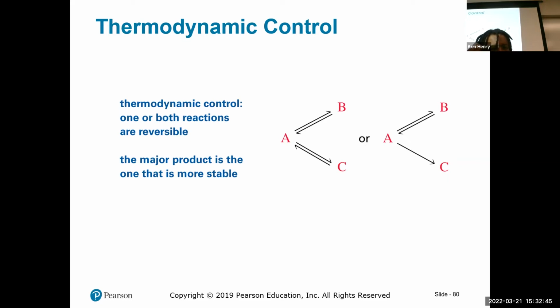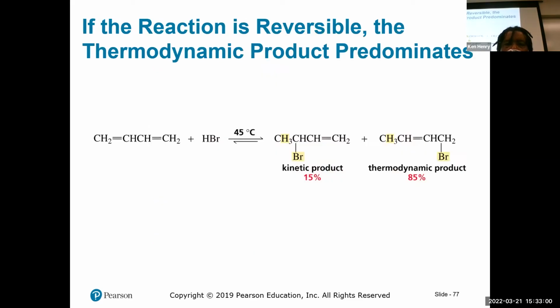Does that make sense? Yeah, no, maybe. So we go back to these products. This guy is the more stable product, right? So we have more of this being produced. We know that the terminal double bond is less stable than the central double bond, right?